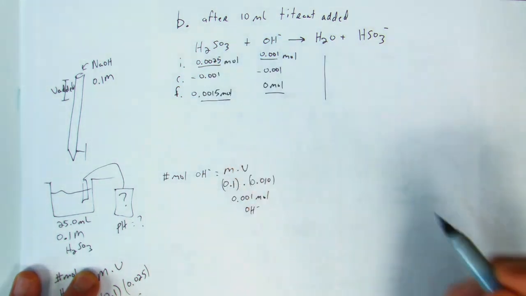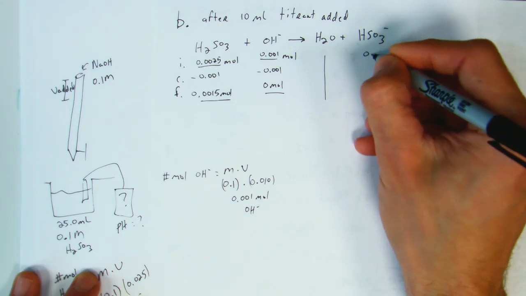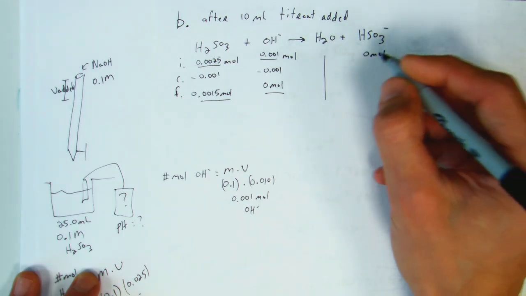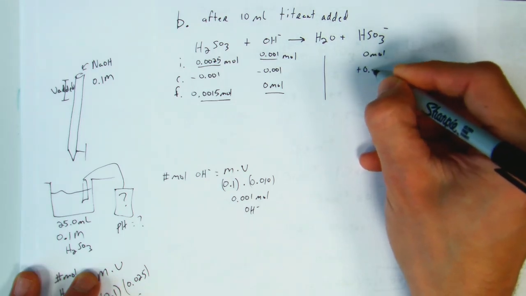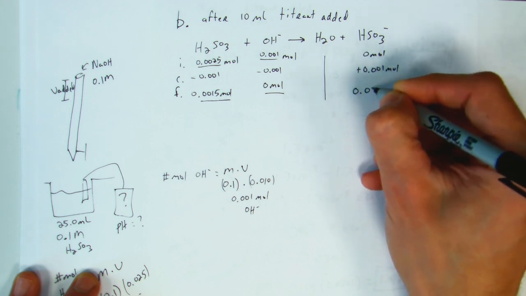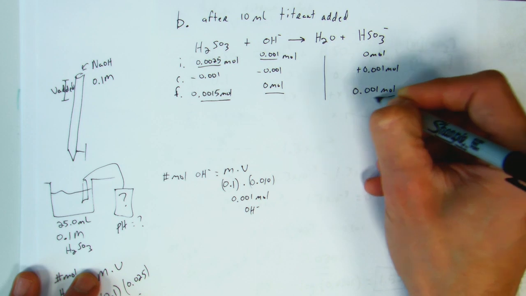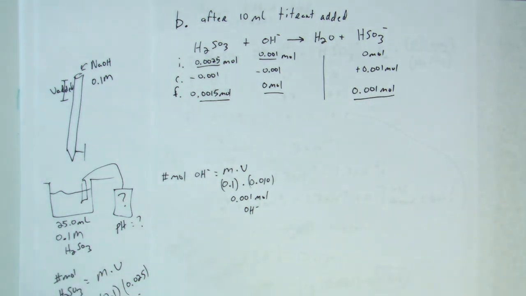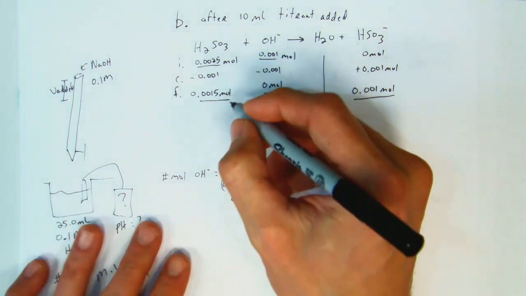So I've titrated some, but not all. I started off with 0 of this. I made 0.001 mole. And I've got 0.001 mole once the reaction's complete. So this is my inventory. I've made my inventory. I have to decide what I've got.